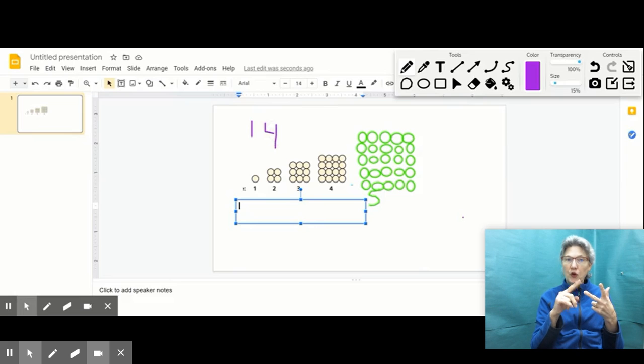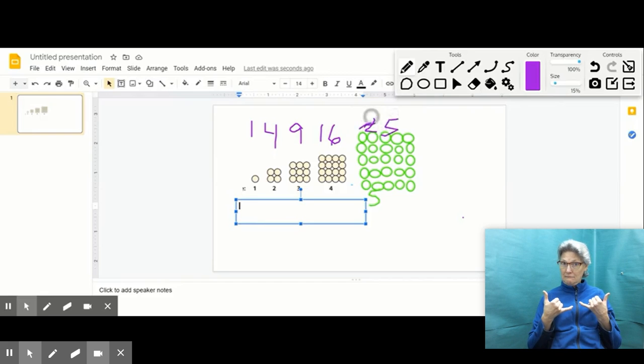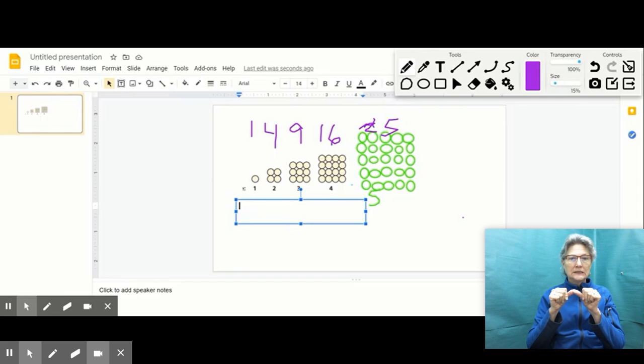My third figure has 3 rows, 3 columns, so that's 9. My fourth is 4 by 4, right? So that's 16. And my 5th figure here is a 5 by 5, which is 25. So now I've figured out a way to describe this pattern with numbers, which makes it much easier as I continue on rather than having to continue drawing all these circles.